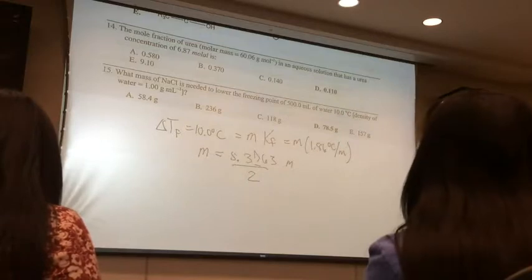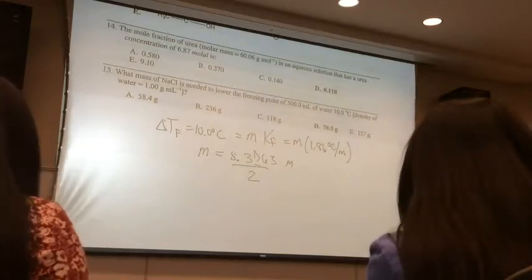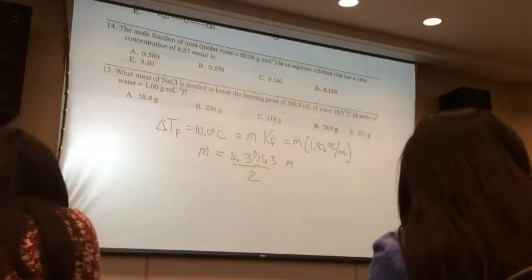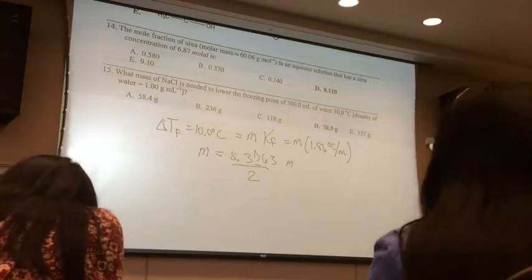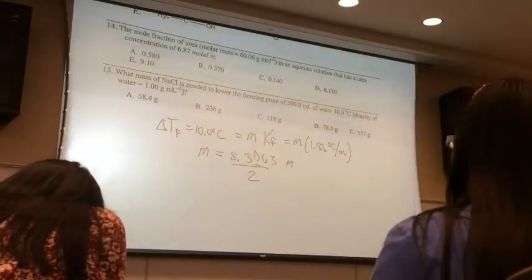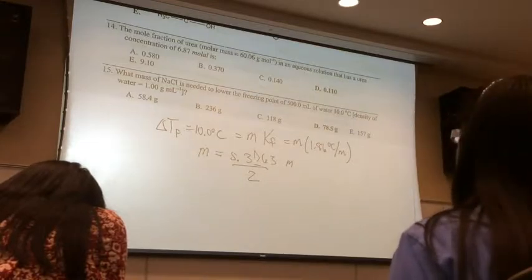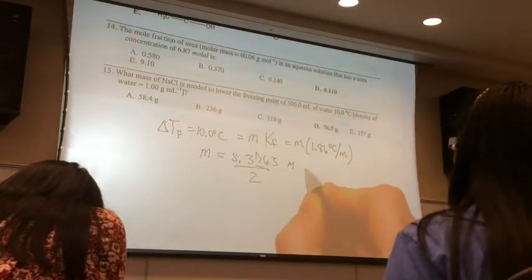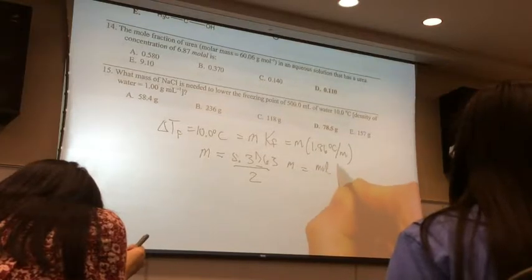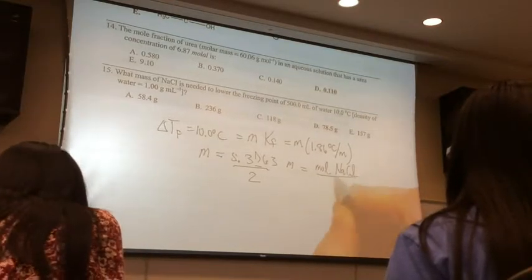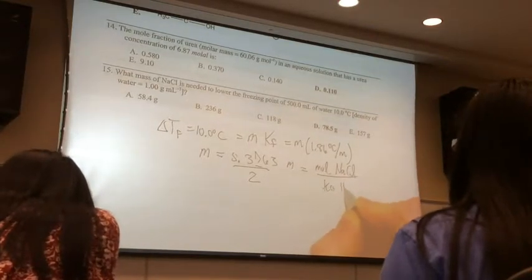If we made a 1 molal solution of sodium chloride, we would expect a 2 molal solution of particles. So this actual concentration is twice as big as the sodium chloride solution we're making up. So this is going to be the moles of sodium chloride divided by the kilograms of water.